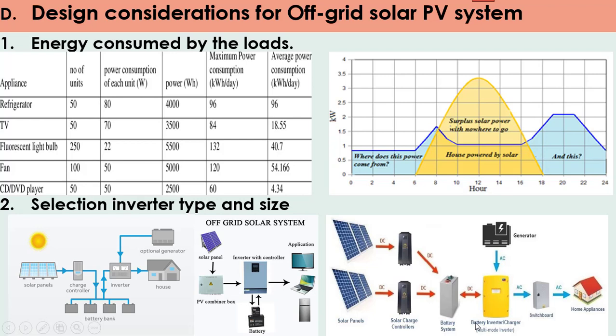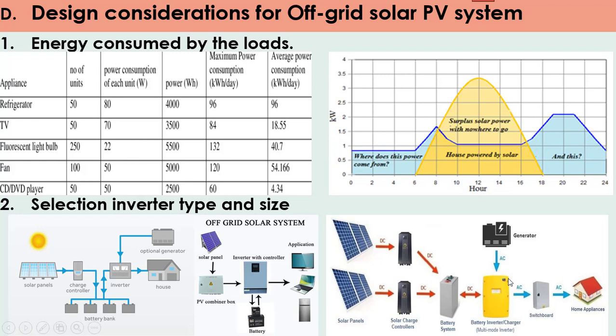This type of battery inverter charger, we can also refer to as a multi-mode inverter. Then the energy can be converted from DC to AC to the switchboard or main switchboard, and then supply the appliances and the home.